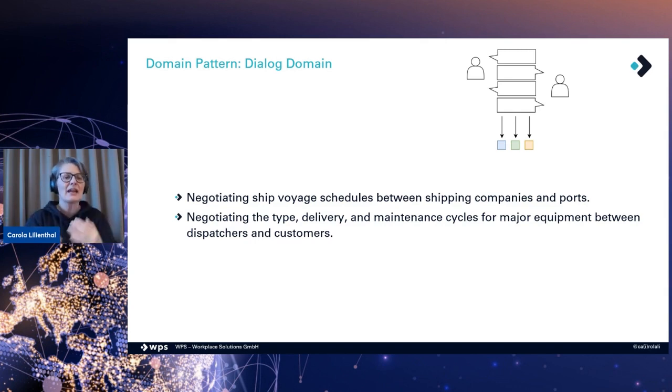And the negotiation is done between the shipping companies and the ports. So different companies that have to negotiate the planning. When will the boat arrive in the harbor? When will it leave? When will it arrive in the next harbor? So this is a real dialogue that is done between companies.